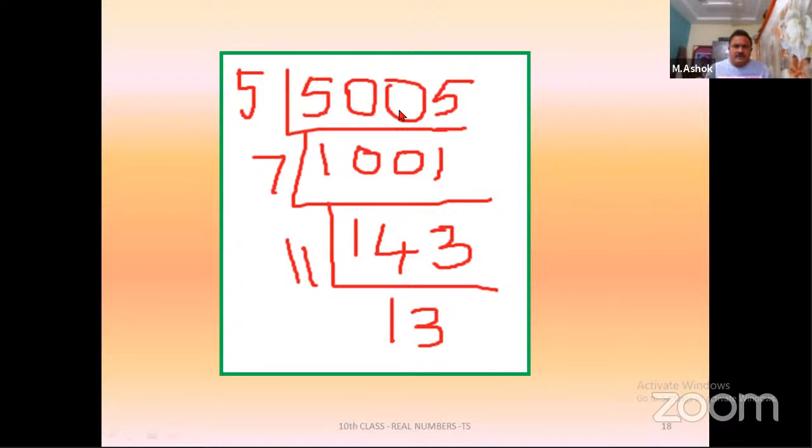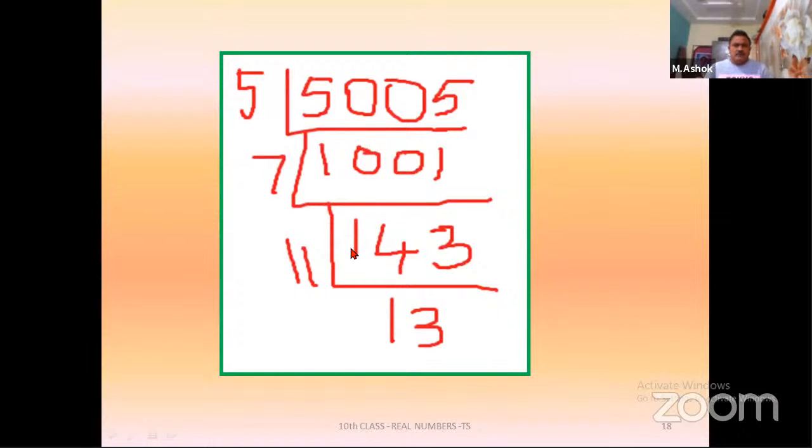So 5005 is divisible by 5. Now 1001 can't be divided by 2, 3, 5. So try the next prime number, that is 7. 7 1s are 7, 3 remainder 30, 7 4s are 28, 2 remainder 21, 7 3s are 21.